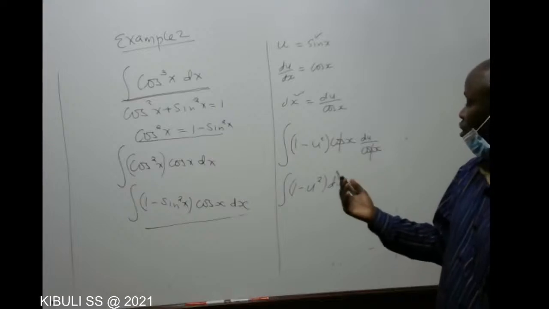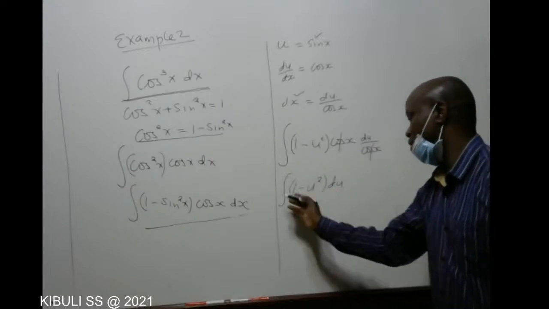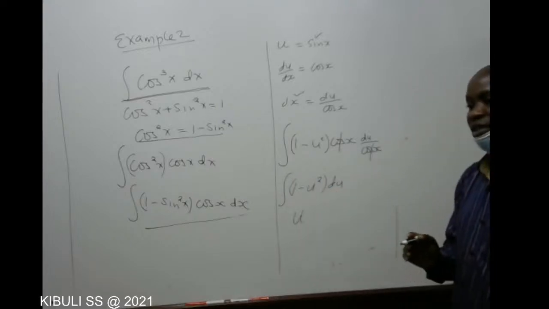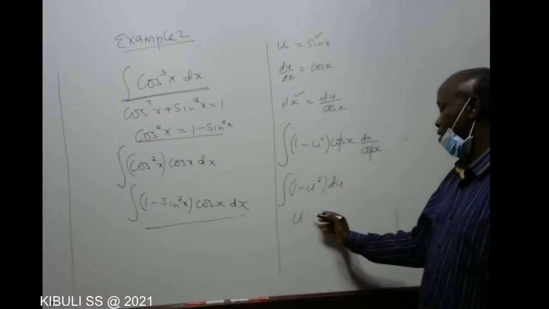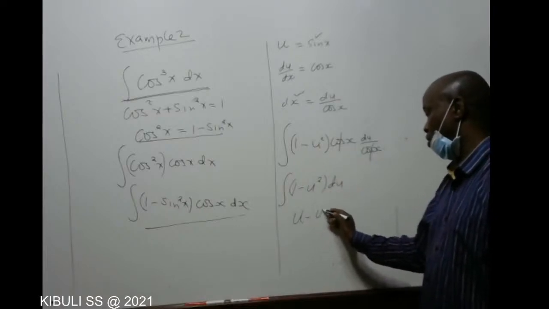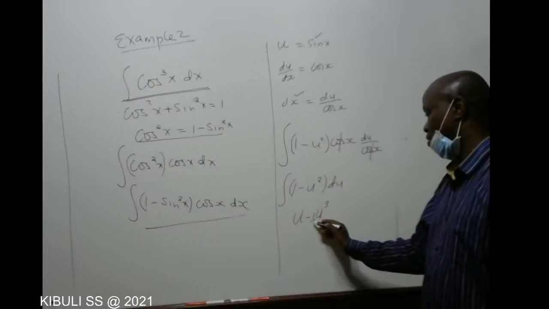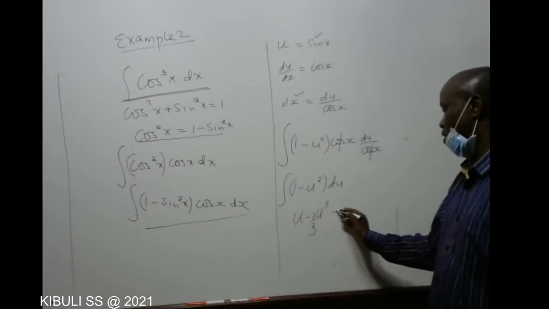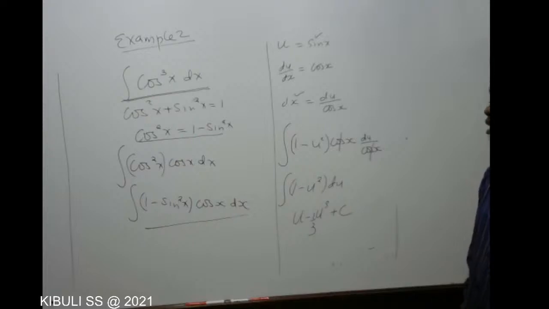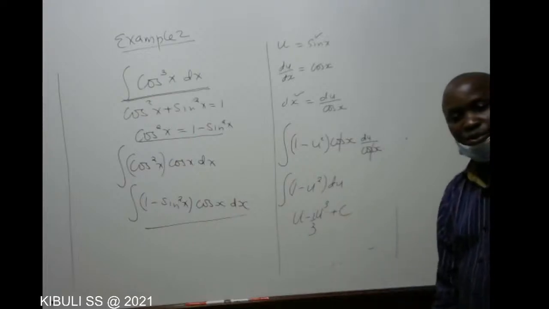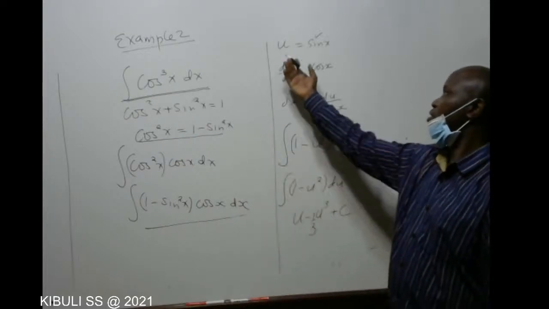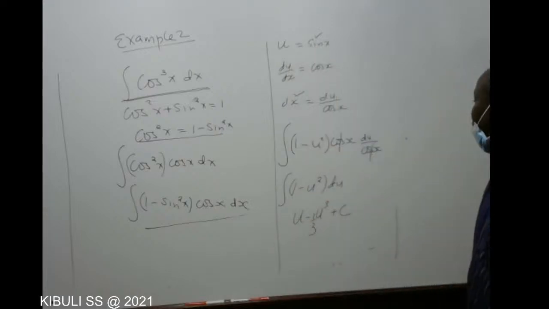Integrating 1 gives us back u. Integrating u squared is u to the power 3, over 3, plus a constant. Then you have to recall what u was. u is sin x.